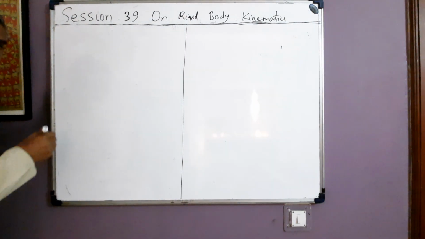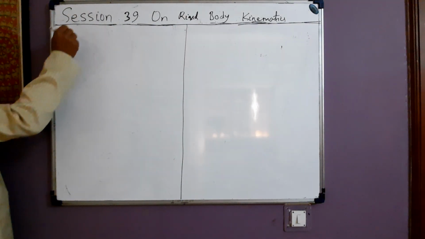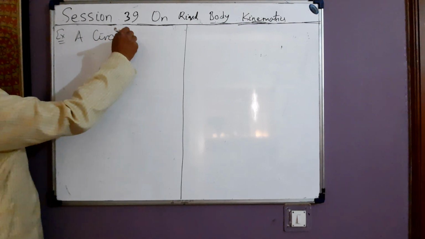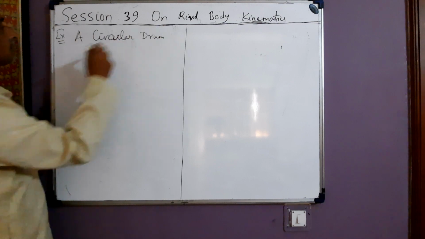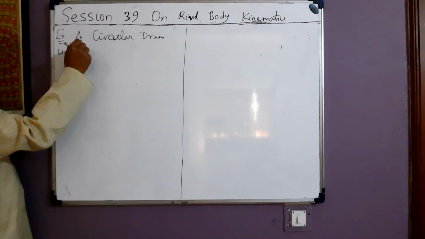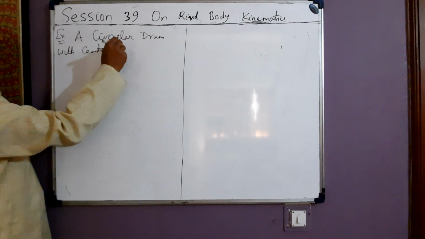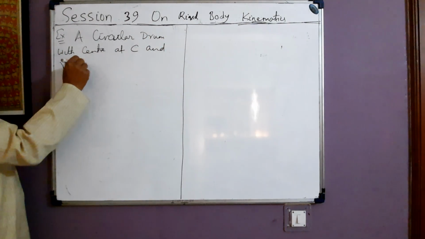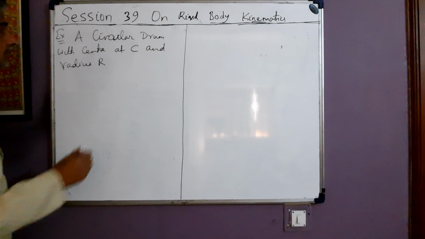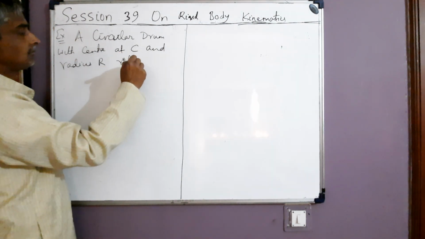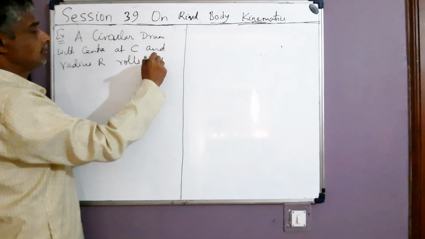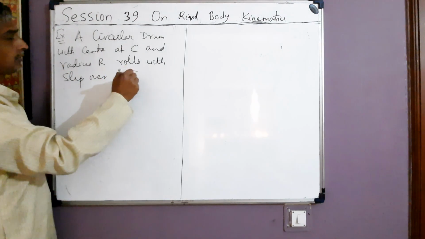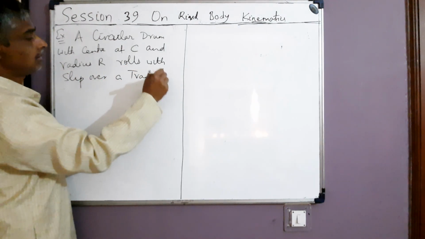So first I'll write down the question. A circular drum with center at C and radius R rolls with slip over a translating plank.